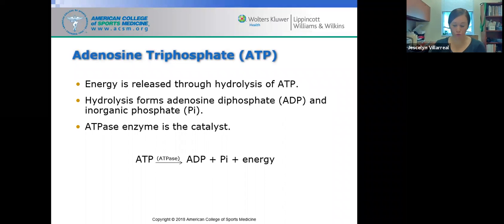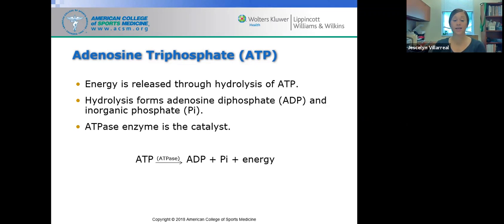Still on page 145, we can look at adenosine triphosphate, which serves as the ideal energy transfer agent that powers all of the cell's energy needs. Here, energy is released through hydrolysis of ATP, and hydrolysis forms ADP and inorganic phosphate.